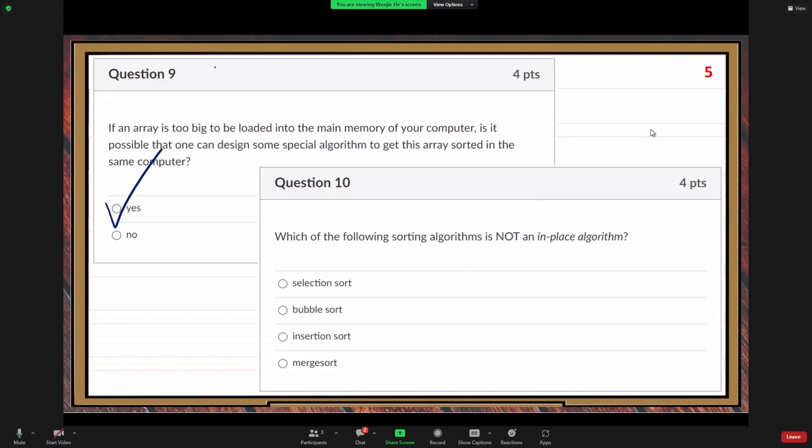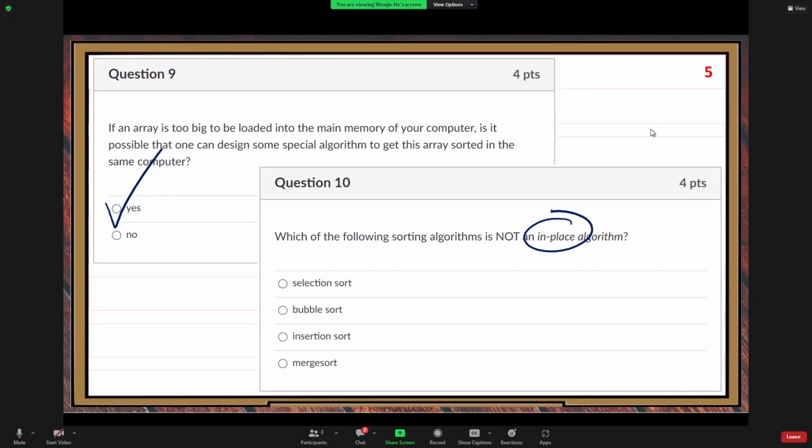Question number 10. Which of the following sorting algorithms is not an in-place algorithm? Here, do not confuse this in-place with our previous meaning of in place regarding the elements in place in an array.